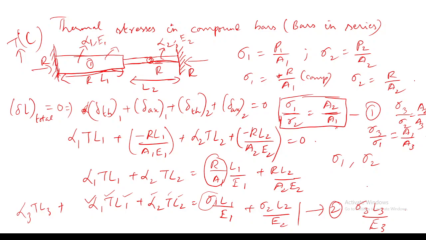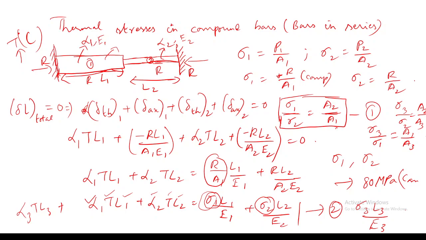Is this clear? Yes, yes. Okay. So, for example, when the temperature is increasing, you will get a value of sigma 1 and sigma 2, right? Let us say 80 megapascal on substituting this. Whether it will be a tensile or compressive stress? Compressive.